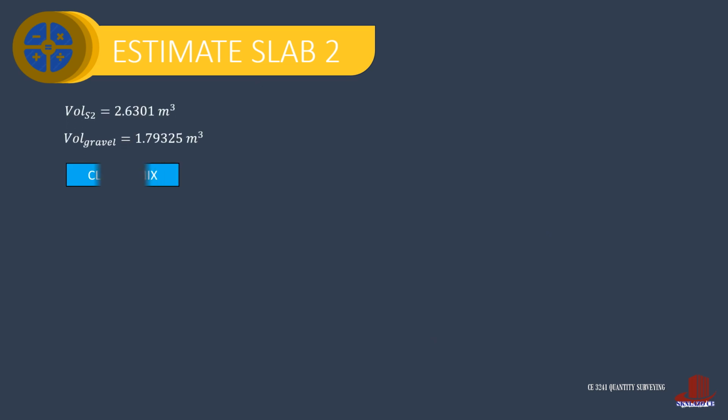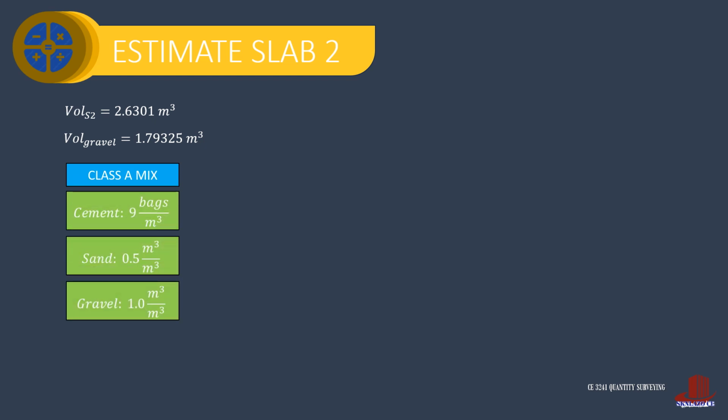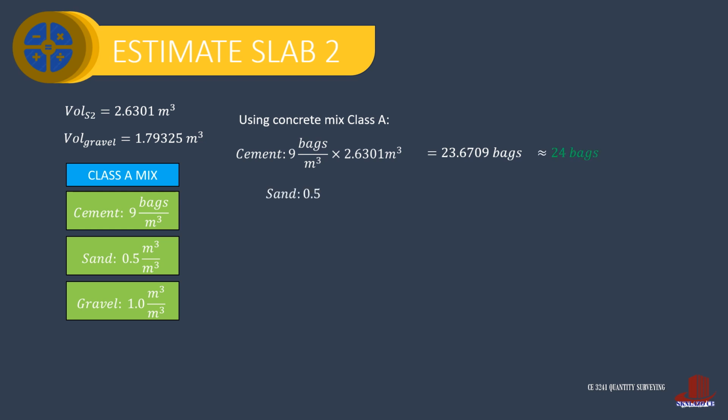With both volumes already known and again using Class A mix, we can compute for the quantities, where for cement, we multiply the volume by 9 to come up with 23.6709 rounded to 24 bags.